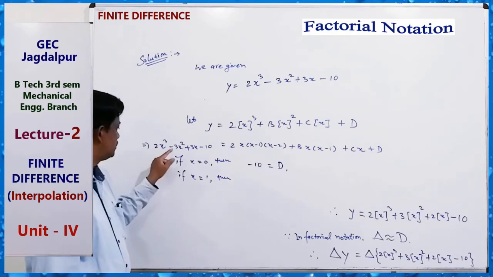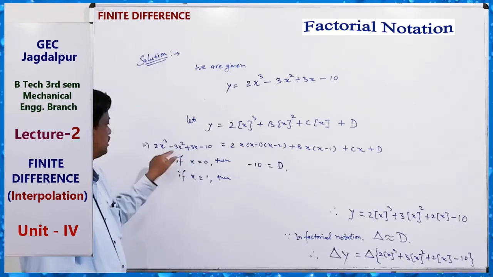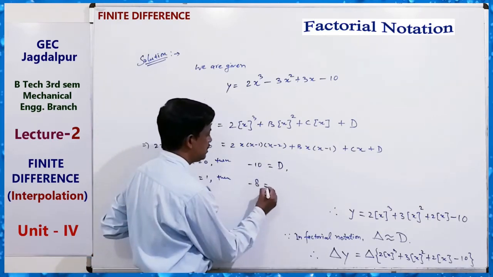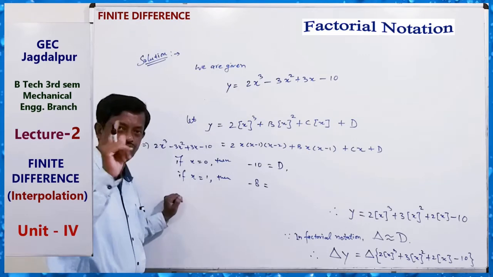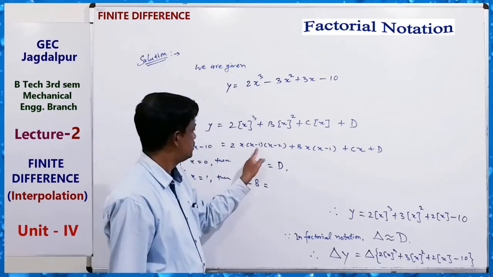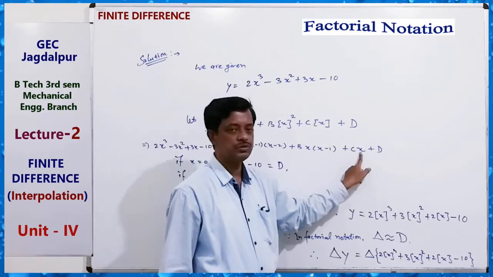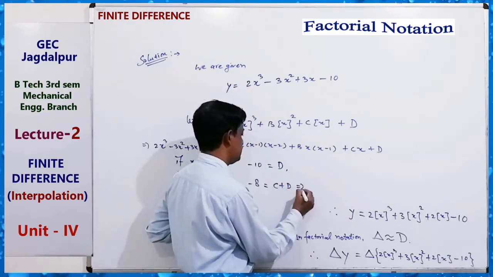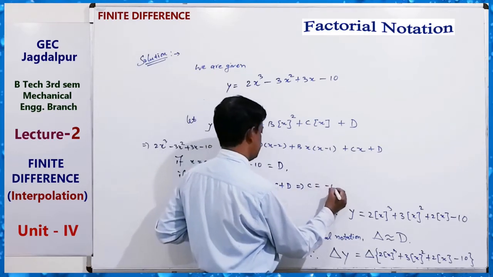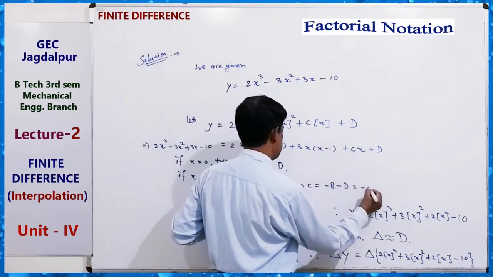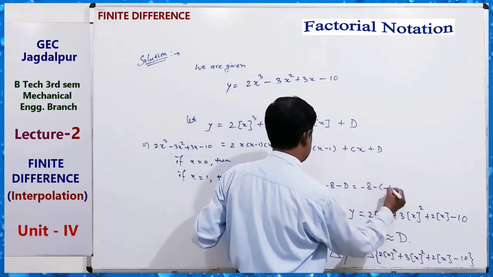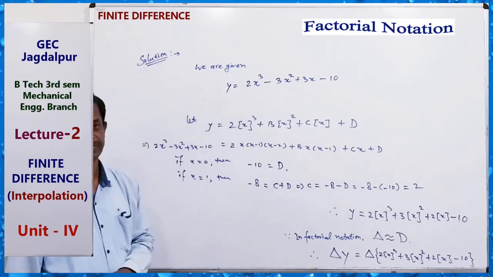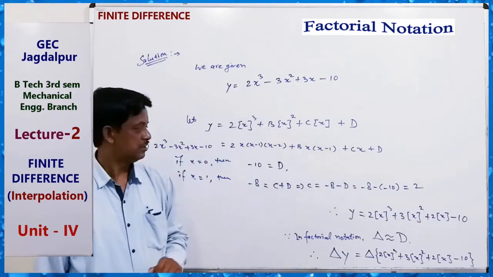Then 2 minus 3 plus 3 cancel, 2 minus 10, minus 8 on the left side. Right side, x equals 1, then this is 0, this is 0, c plus d. So from here, c equals what? Minus 8 minus d, minus 8 minus minus 10 equals 10 minus 8, 2. So c equals 2.